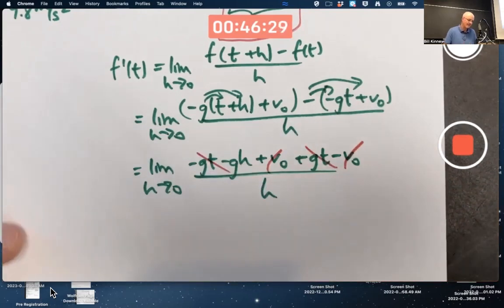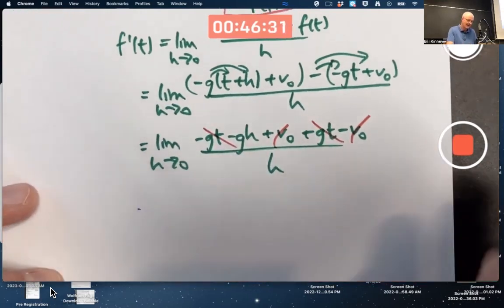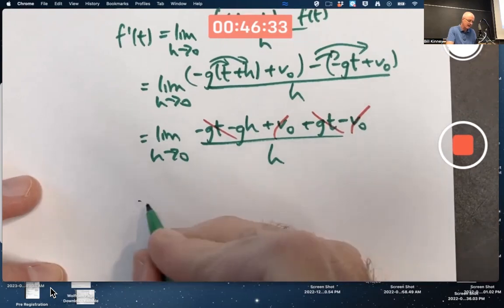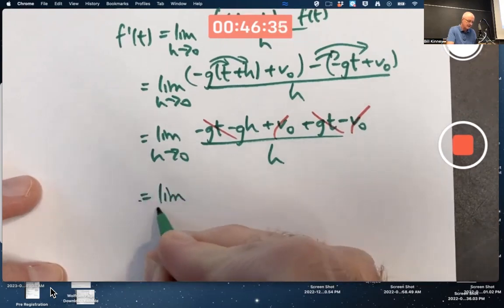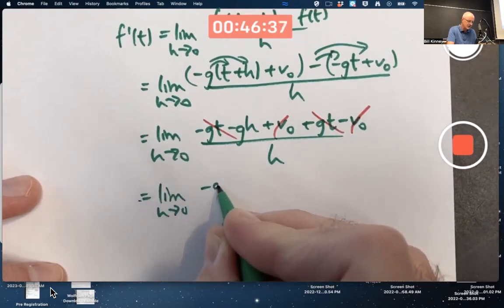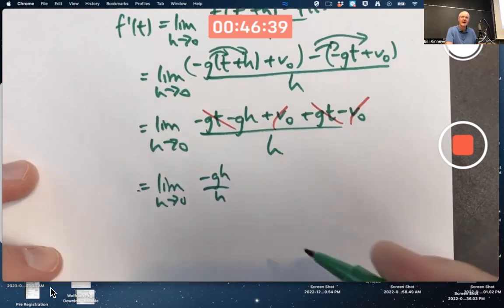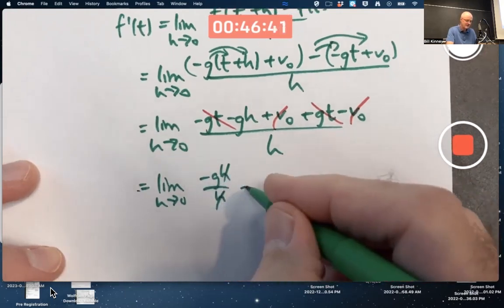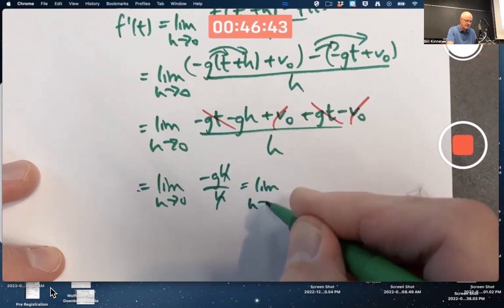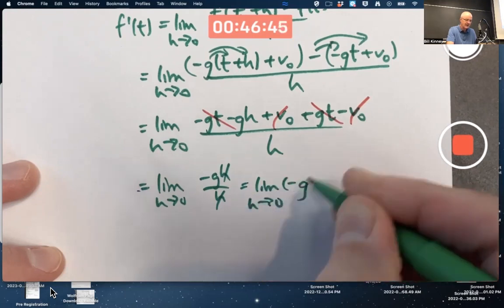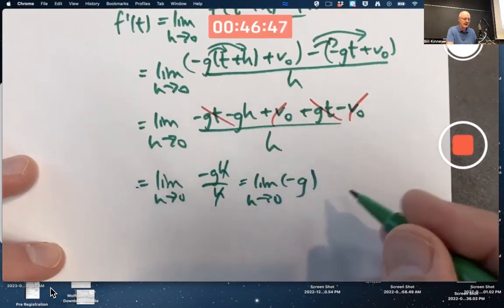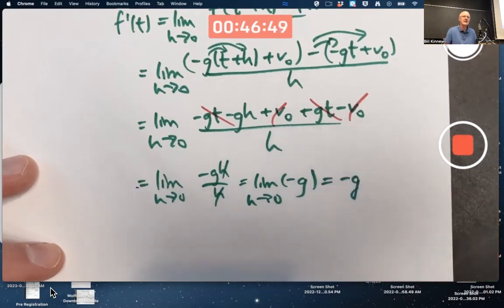How about that? And I get a very simple limit now. Limit as h goes to 0 of negative gh over h. Divide out the h's. This is the limit as h goes to 0 of negative g. That doesn't involve an h. It's negative g. Done.